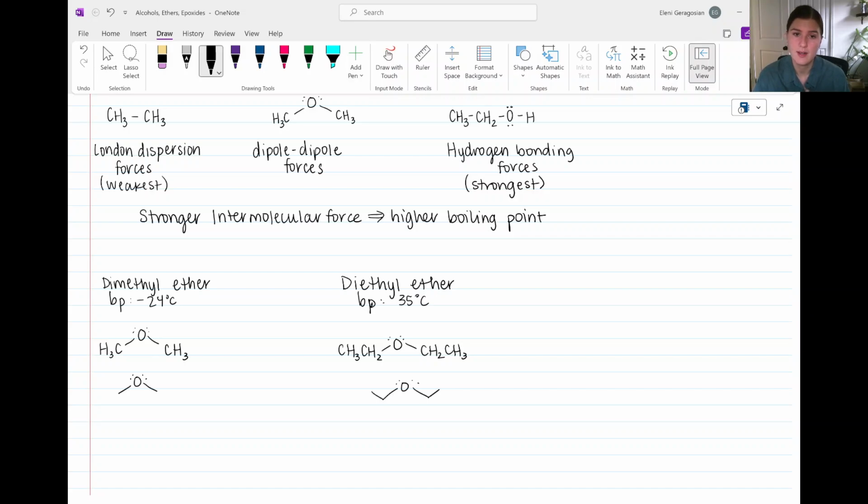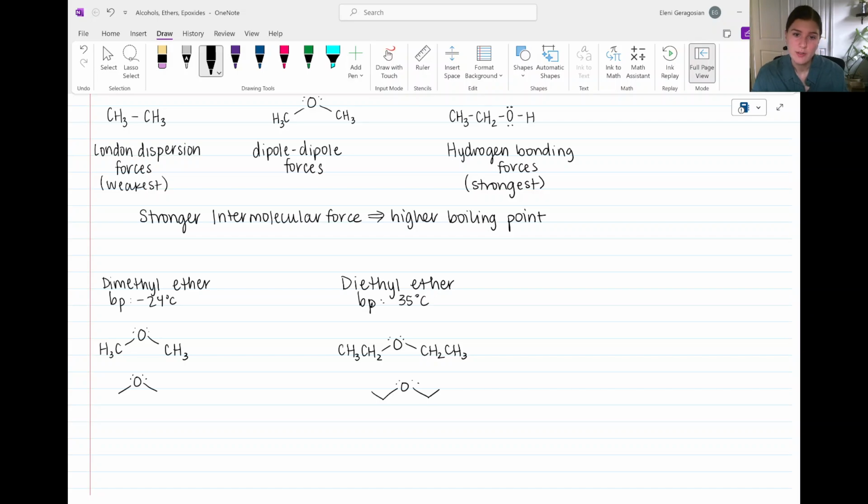One is that the molecule diethyl ether has longer carbon chains, although it's only longer by one carbon on either side, that still has an effect on the strength of London dispersion forces. So diethyl ether has stronger London dispersion forces because there is a longer chain as compared to dimethyl ether.